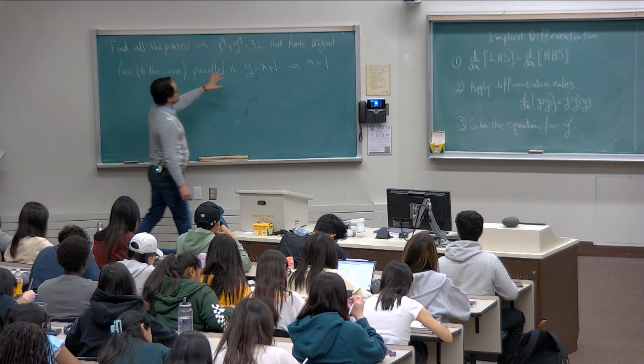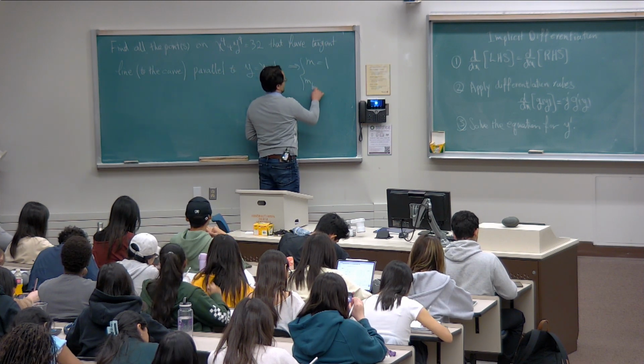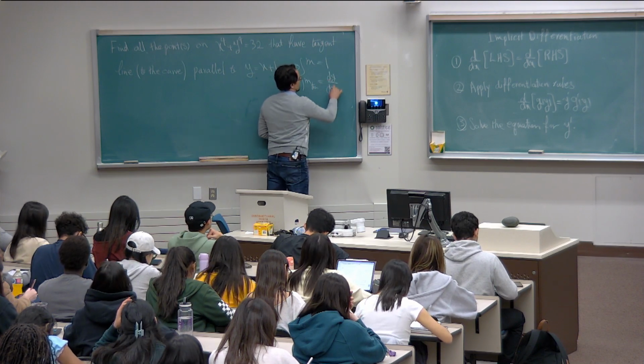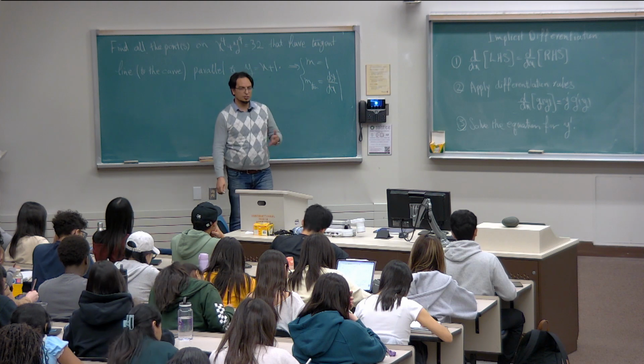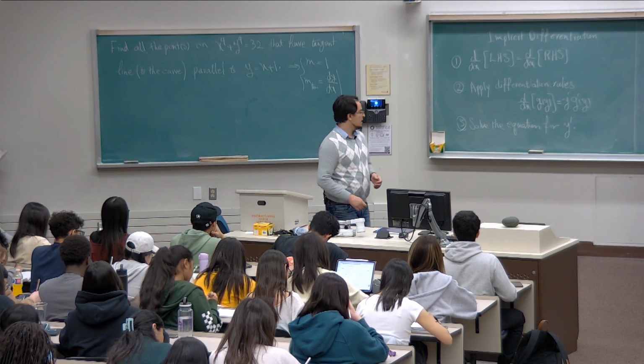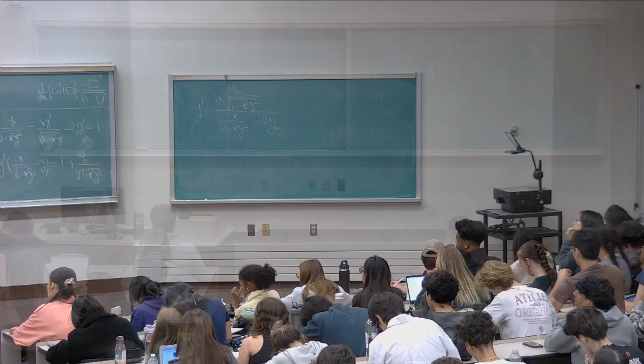But we also know that the slope of tangent line is given by the derivative of the function, or dy dx, the changes of y over the changes of x, when you plug in that x, y.